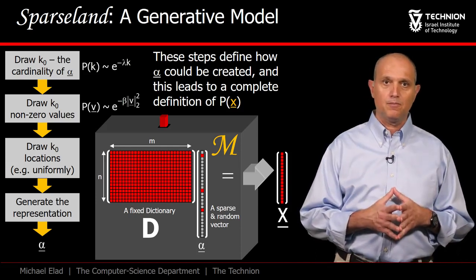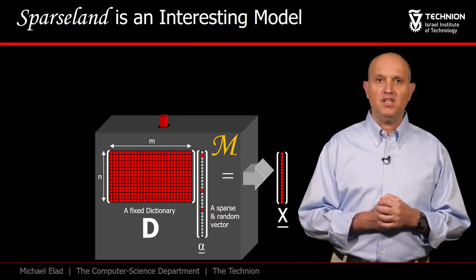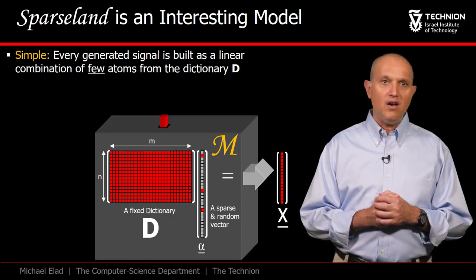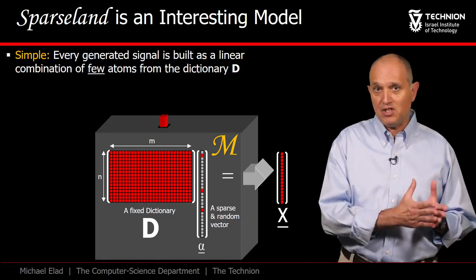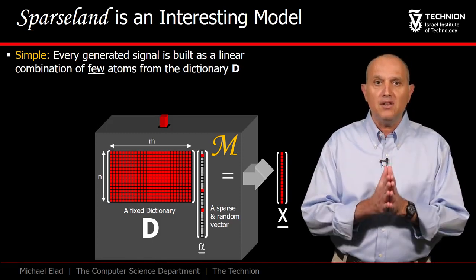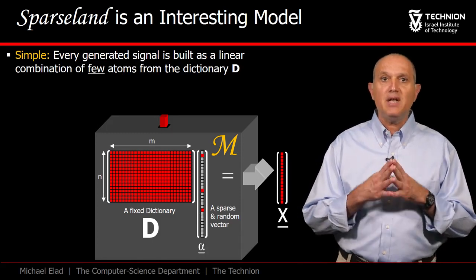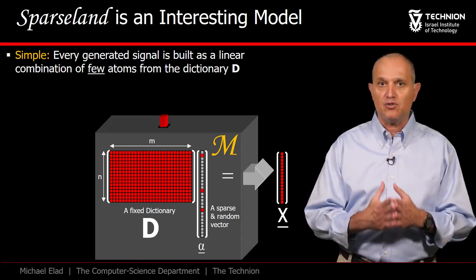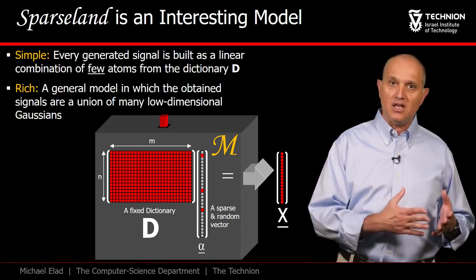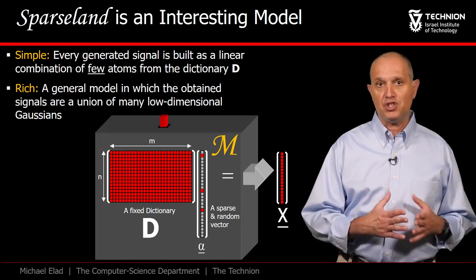This path gives a clear and complete definition of P of x, even if it is not spelled out explicitly. Why are we so fascinated by the SparseLand model? Well, first of all, it is simple. Clearly, it is simple to describe, as we have just seen. However, more importantly, this model leads to simple explanation of signals believed to be linear combinations of few atoms from D. Alongside this simplicity comes a massive richness.